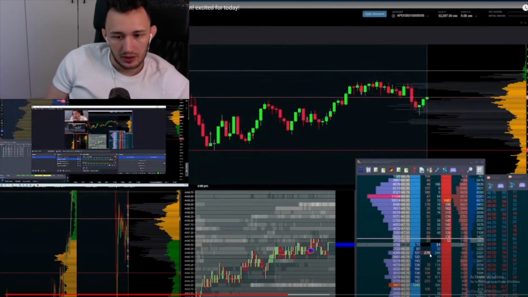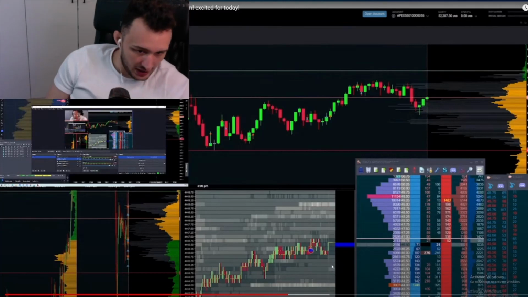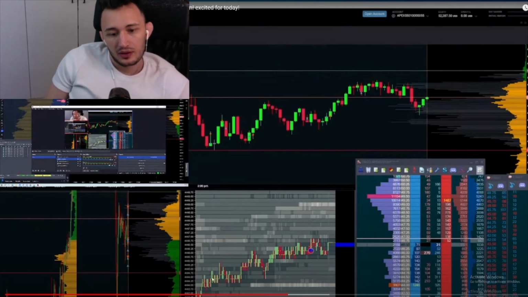But we want to see how it interacts. Also, we can think that we might be establishing a new range here. Why? Because if you look at the auction vista, we keep on not going in a fluid way. We keep on tagging the same prices a lot.